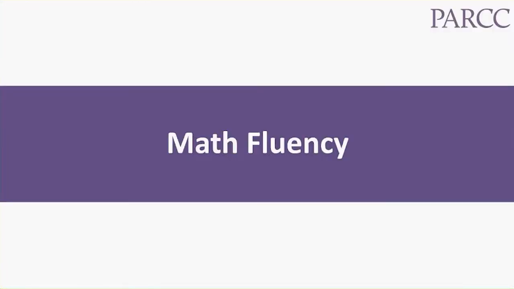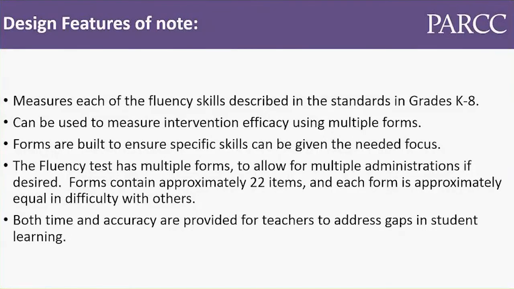In the math fluency tasks, which really focus quite specifically on the fluency standards in grades 2 through 6, you'll notice that the items can be used to both test the extent to which students can solve problems for accuracy, but also to determine how long it is taking students to solve those items, so that teachers can more accurately tune their instruction as they work with students.